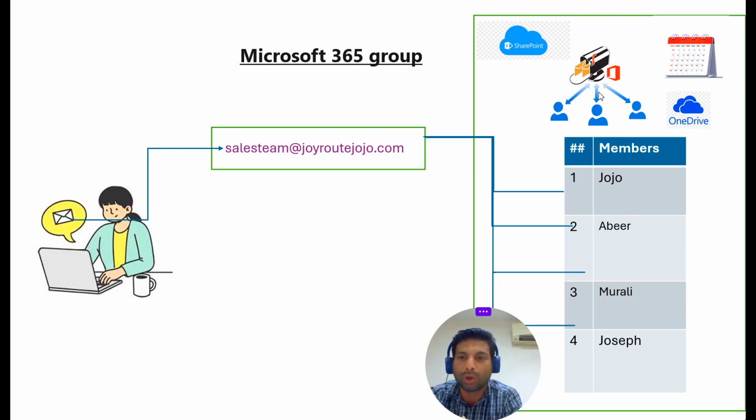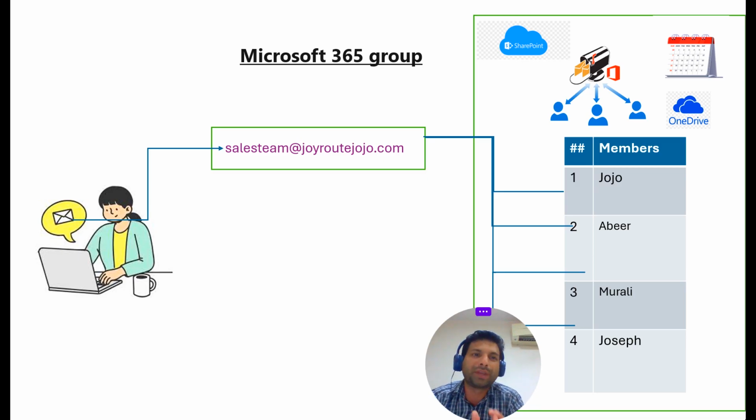A separate mailbox and storage space is allocated. In addition to their personal mailbox, they get a shared mailbox in the case of a Microsoft 365 group. This mailbox allows members to send and receive mail from a common email address. So all of them can send mail through salesteam@joyroute-jojo.com.